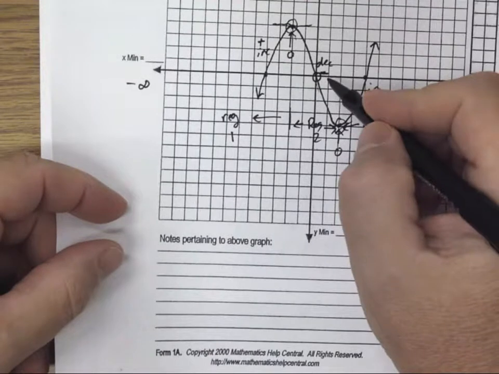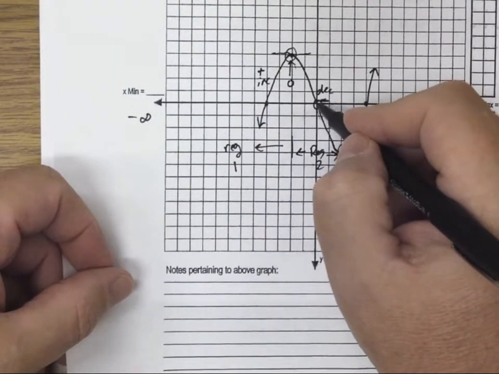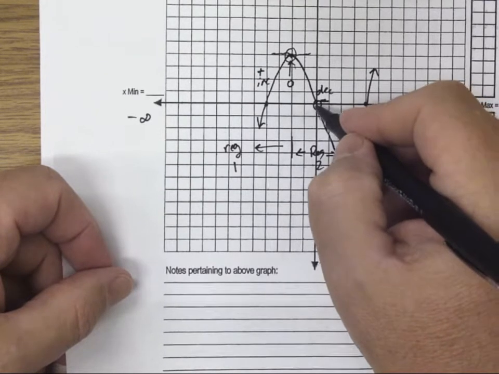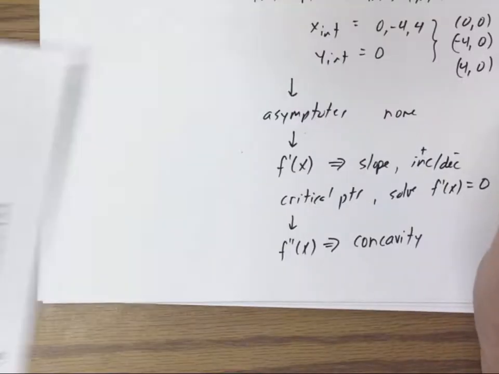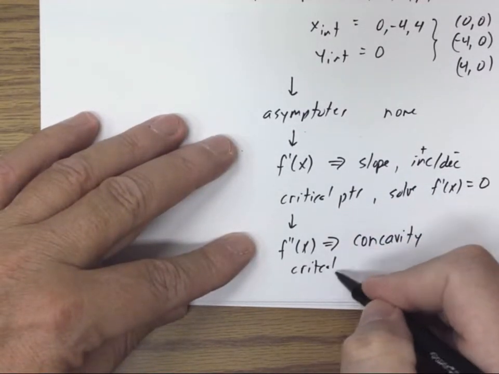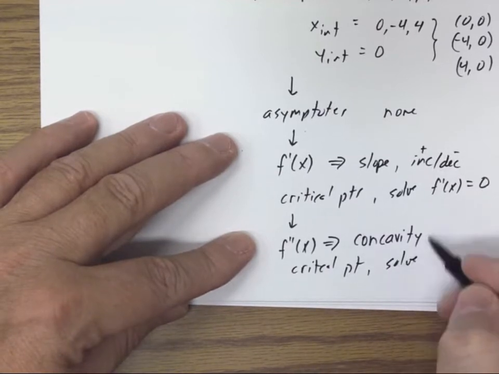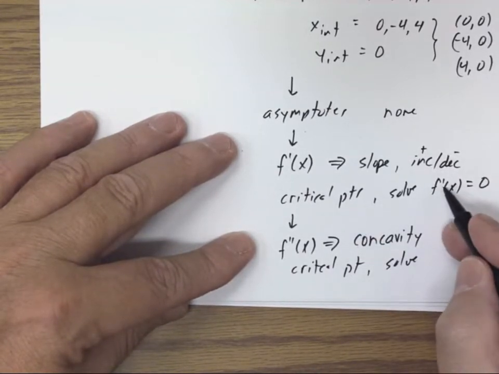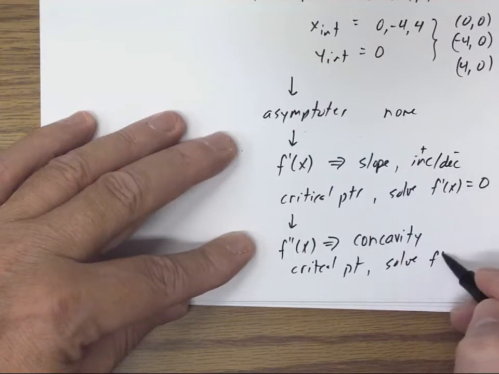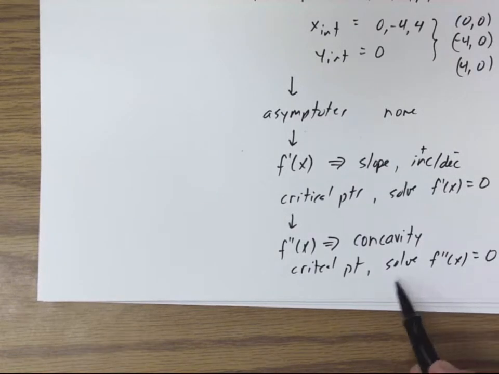We would like to figure out this inflection point, and as it turns out, the inflection point is where the second derivative is going to be 0. So that's like our critical point for the second derivative. Just like the first derivative, where we set it equal to 0 and solved it, to find the critical point of the second derivative, we set the second derivative equal to 0.